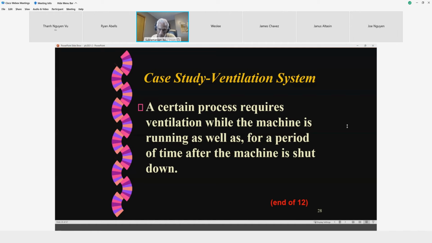Then, to understand the problem, for a period of time, when the process is shut down, in this case, when the bulb is put away, lecture is over, you want the fan to keep running for a period of time. Could be 3 minutes, 6 minutes, whatever the designer decides. Then it shuts down. Okay?